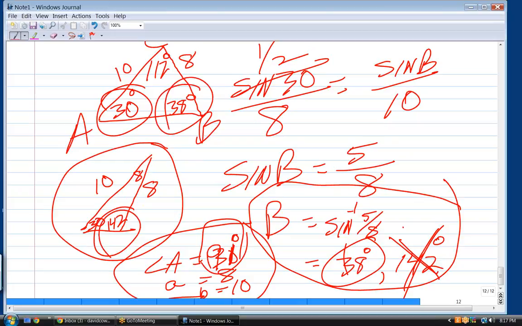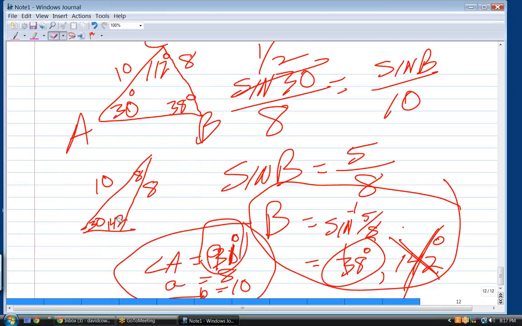They're both positive, and they're the same answer. So this does not violate the law of sines. In other words, the sine of 142 over 10 is the same as the sine of 38 over 10. Because at first glance, it would appear that we're violating the law of sines by having both of these triangles work. But we're not.